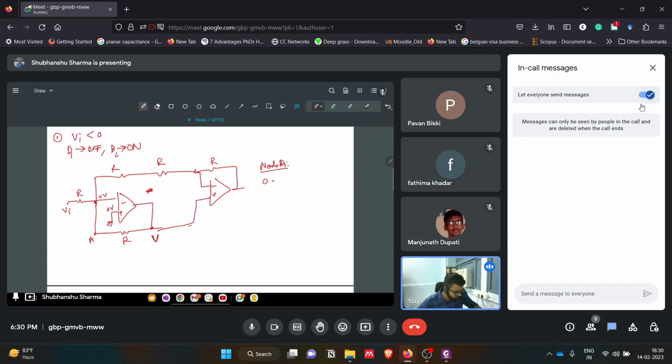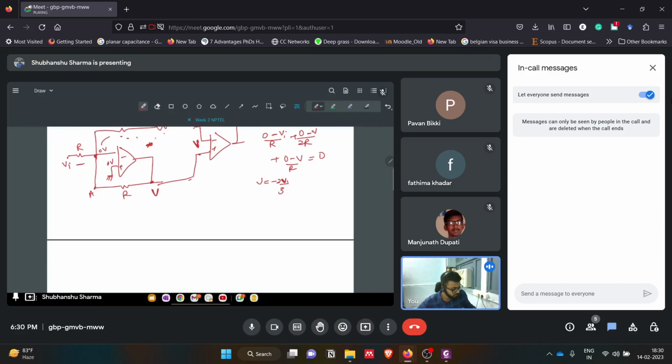So (0 minus Vi) divided by R, plus (0 minus V) divided by 2R, since two resistors are there, plus (0 minus V) divided by R equals 0. So we will get V as minus 2 V1 by 3.